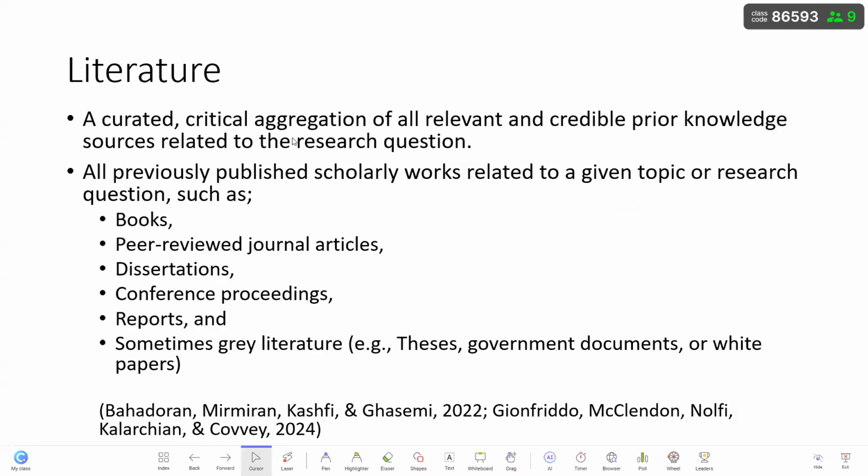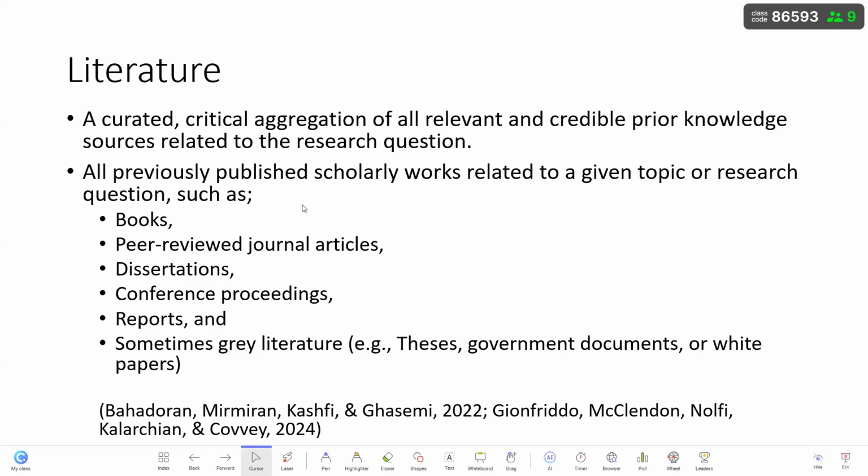Literature is a critical aggregation of all relevant and credible prior knowledge sources related to the research question, the research problem. You understand that you identify the research problem first, but without reviewing the literature, you can't proceed with the research problem, right? So reviewing literature is essential. Then all previously published scholarly works.